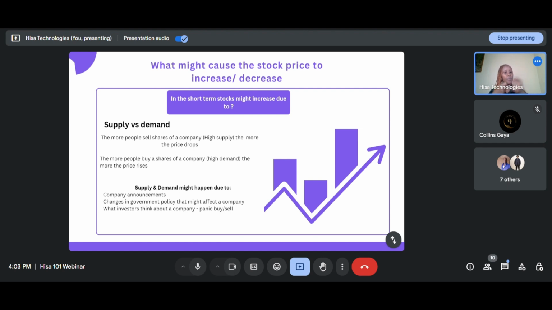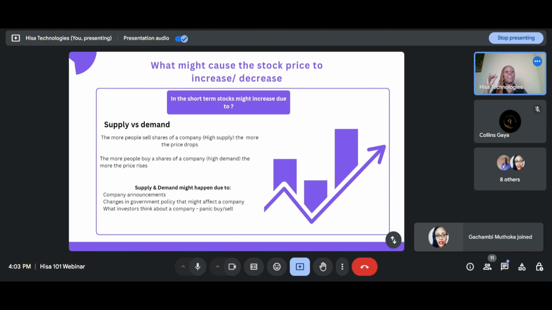For example, what we saw with Safaricom a few years ago, whereby the share price was at 40 shillings, and then people started panic selling. Right now, it is around 17 shillings, 15 shillings on a good day.